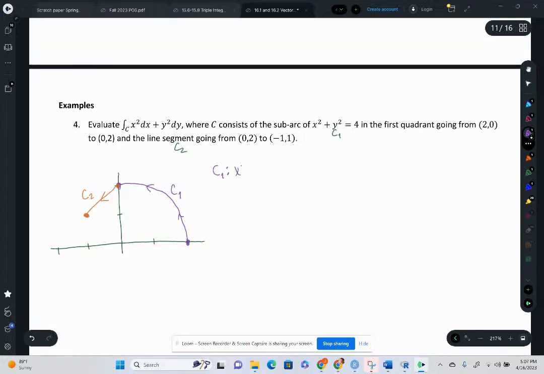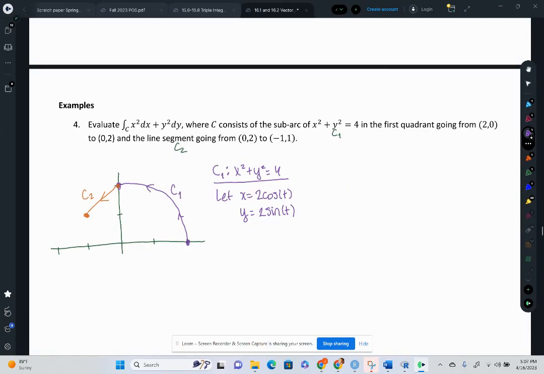Okay? So let's get our colors out. C1 is x squared plus y squared equals 4, and the best way to parameterize a circle is to let x equal the radius times cosine. Our radius is 2, so we get x equals 2 cosine of t, and y is equal to 2 sine of t. I won't do it with the vectors; I'm going to do it with just finding the dx's.